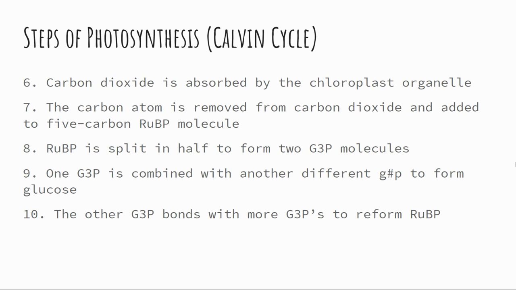One G3P is used to do the process again, turning back into RuBP. The other G3P will wait for another G3P to be combined with it to form glucose. Sorry, the other G3P bonds with more G3Ps to form glucose.